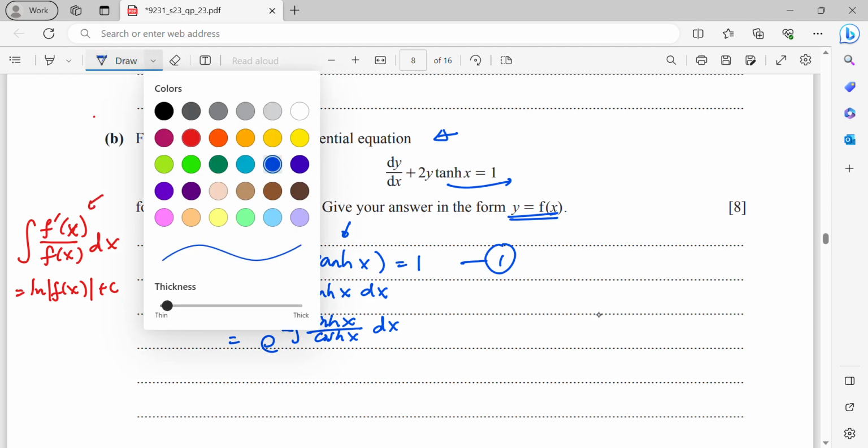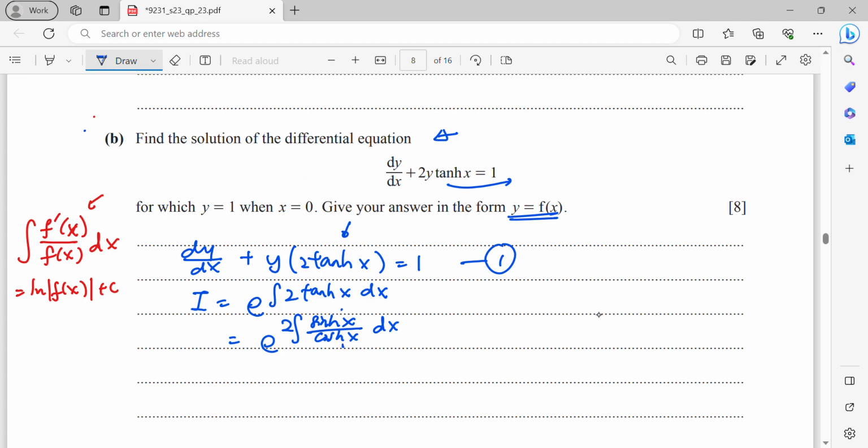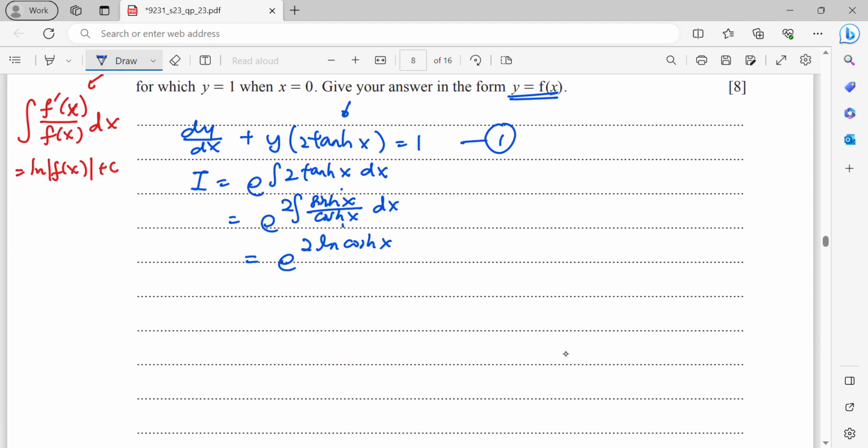Now, differentiating cosh gives positive sinh, so this is basically e to the power 2 ln cosh x. Because of e and ln, we can simplify, but there is a 2 there. So we need to apply another formula, which is a ln b is ln b to the power of a.